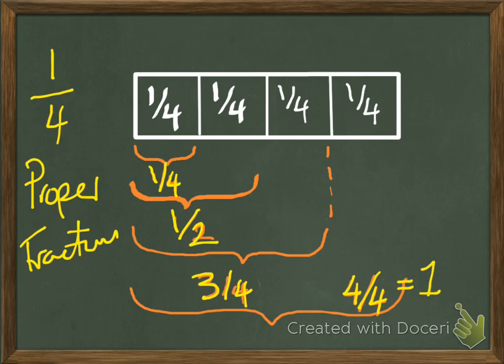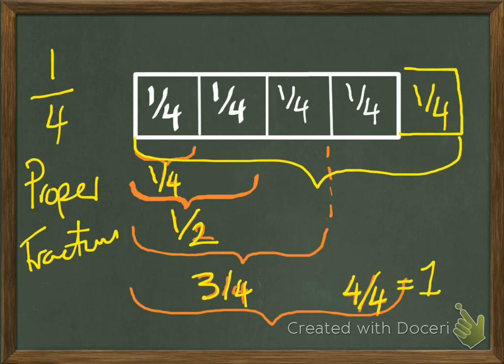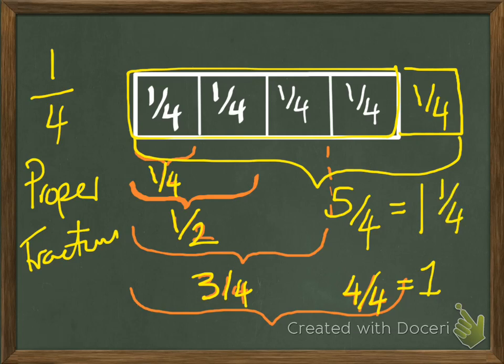More importantly, what if I had another quarter there? How many quarters would I have? Well, I would have 5 quarters, which we know is 1 plus a quarter, because I've just added on another quarter.